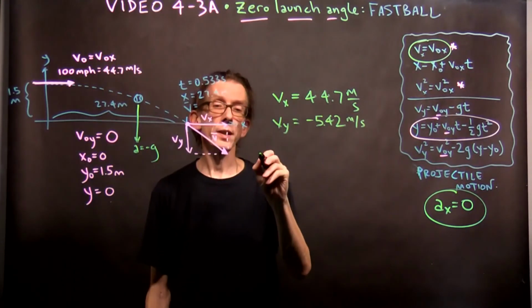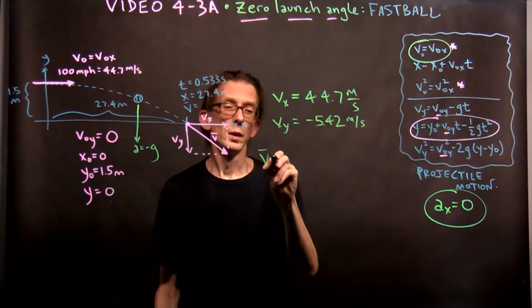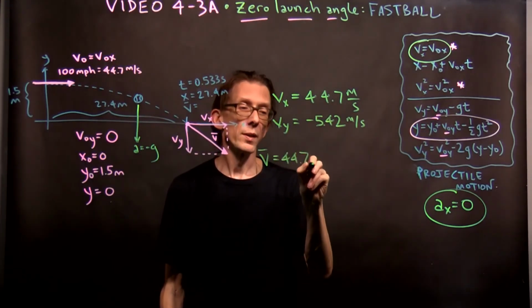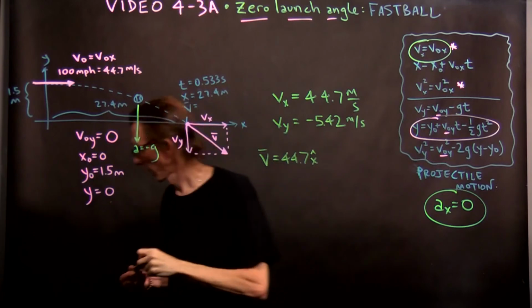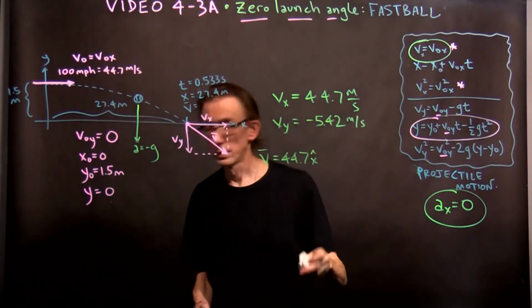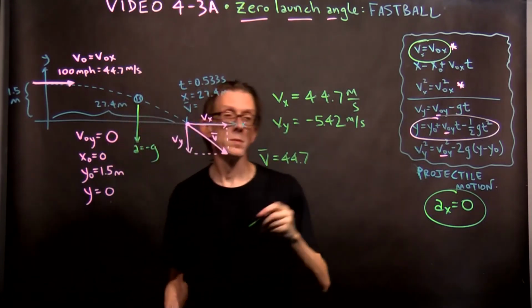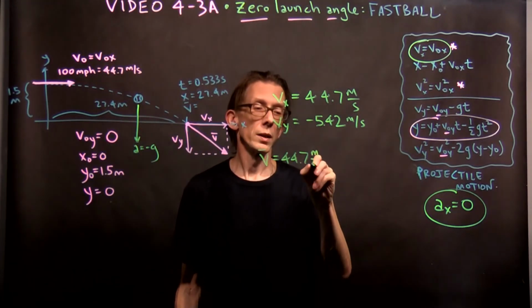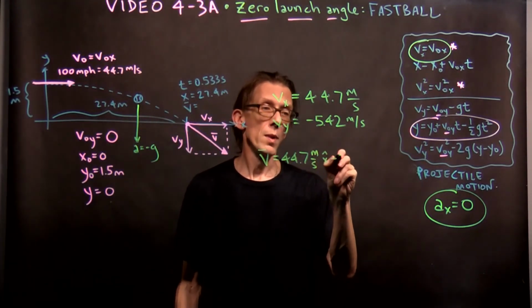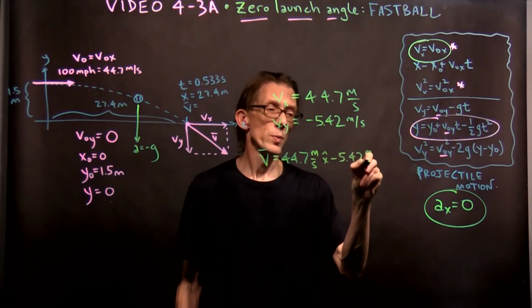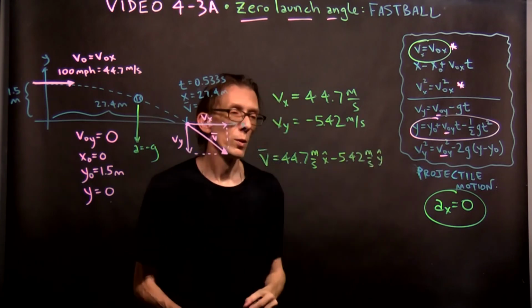So the final velocity vector is 44.7 meters per second in the x direction, minus 5.42 meters per second in the y direction.